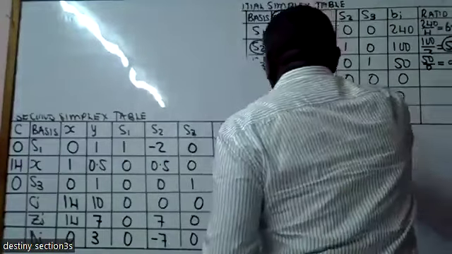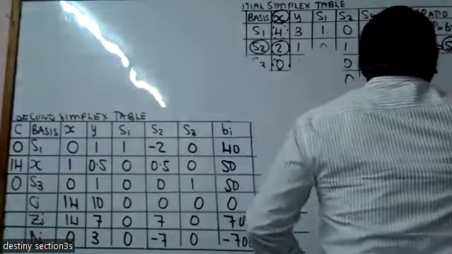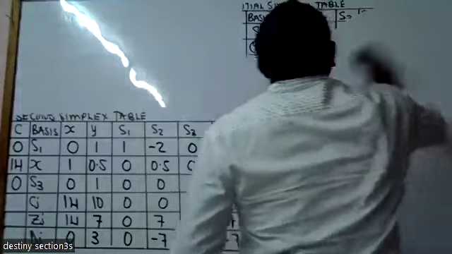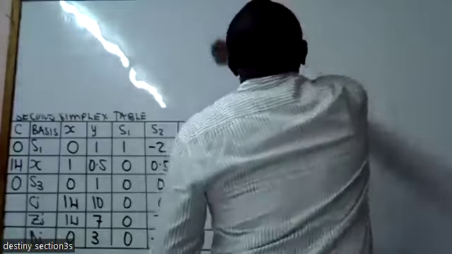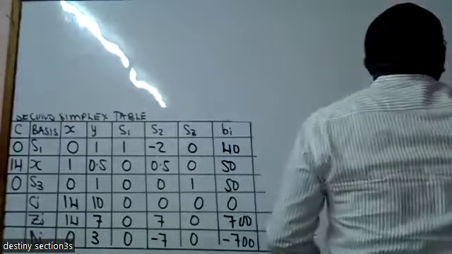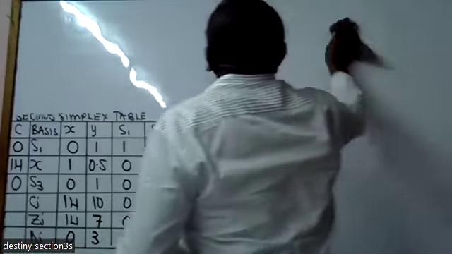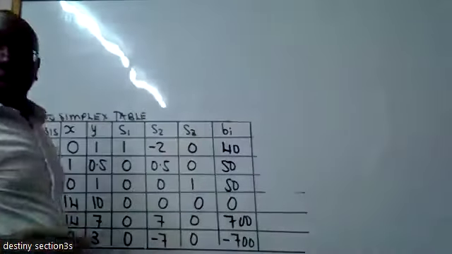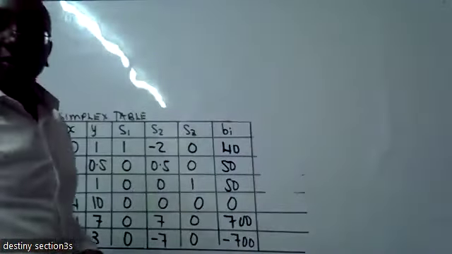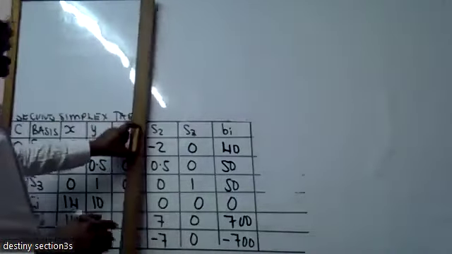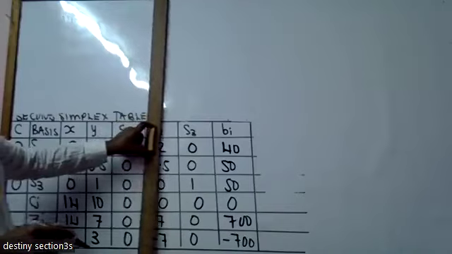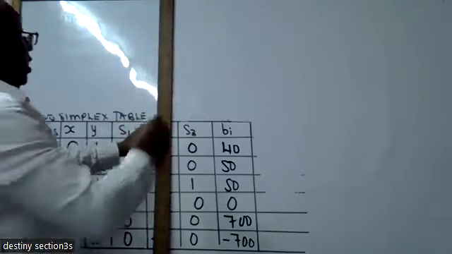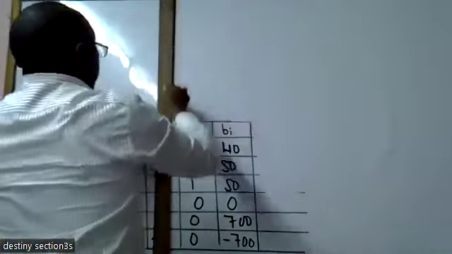We need all of them to be negative or to be zeros. Now that gives us the leeway now to make the third simplex table.